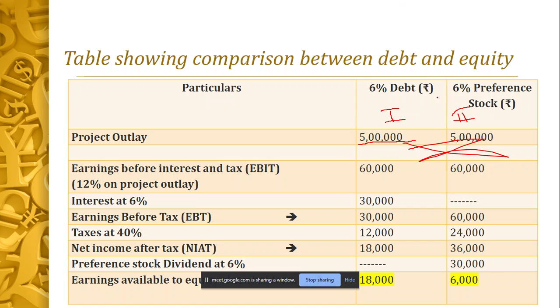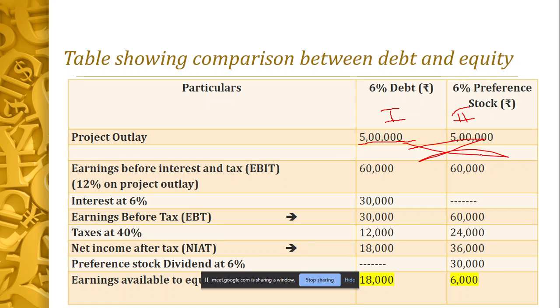Now, to decide, we should have something, right? Basis on which we can decide. We can decide on the basis of the earnings available to equity shareholders. Now, that is the main thing our investor sees, right? What do I earn? What is the return on investment? Now, that might be a scale on which we decide.